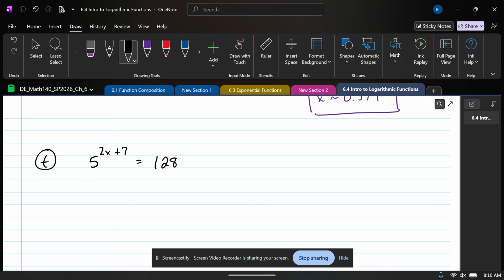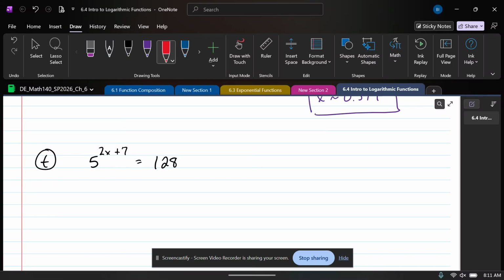So if that were 125, we could change that to 5 to the third power and then drop the 5s. But because it's not a nice 5 to a power problem, that's where we've got to use that logarithm to solve it. So on the exponential, what's the base? 5. So what logarithm are we going to use?